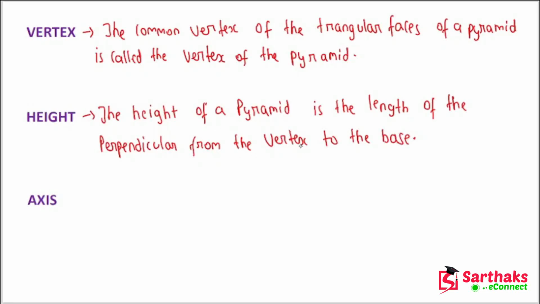So if you drop the perpendicular from the vertex, now we have already defined what is vertex, then that particular length of the perpendicular would be the height of the pyramid.